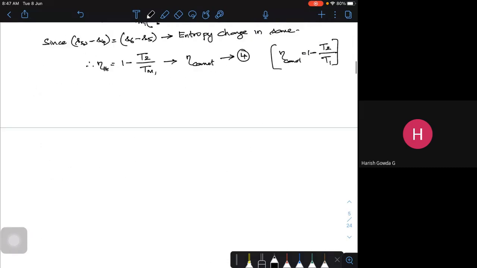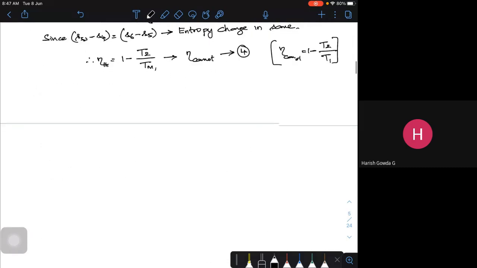Now let's go to your Rankine cycle. Let's try to look at the actual Rankine cycle. What we have seen just now is an ideal one. Now the actual Rankine cycle. I have a sketch.